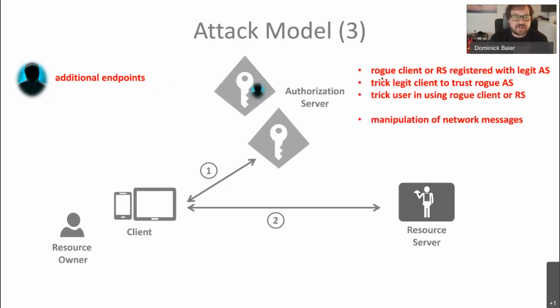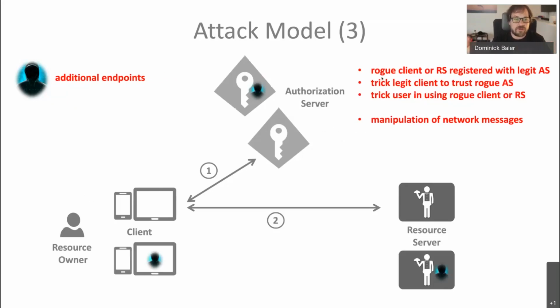What definitely is a protocol concern is if an attacker can mount additional endpoints. And that, to be honest, is the most interesting part these days, because attackers find creative ways to use the system in a way that you haven't foreseen. So what if, for example, an attacker can mount a rogue authorization server, or if they can mount a rogue client or a rogue resource server?